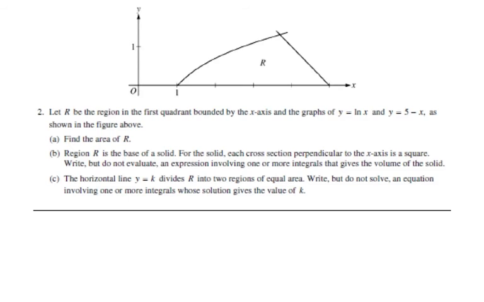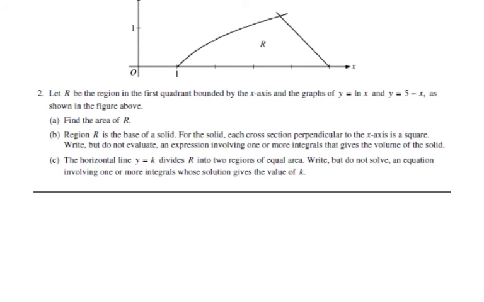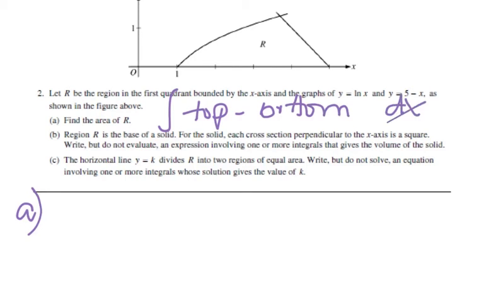So now we're still on question A, but instead of using dy, if you want to do top minus bottom dx, we can do that, okay? But what we need to do is split this into two different regions. So this is the first, and this is the second part, all right?